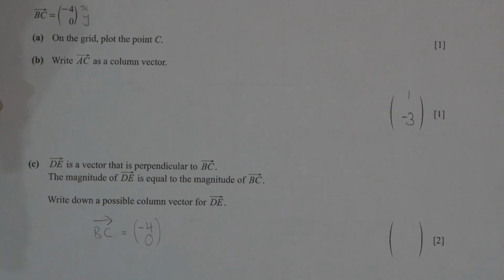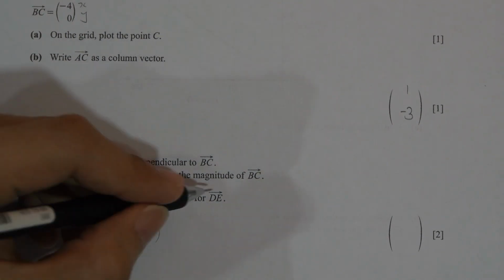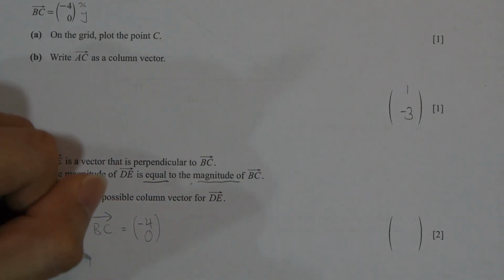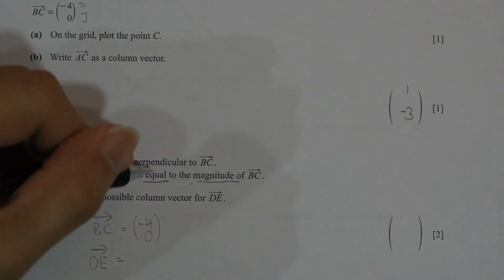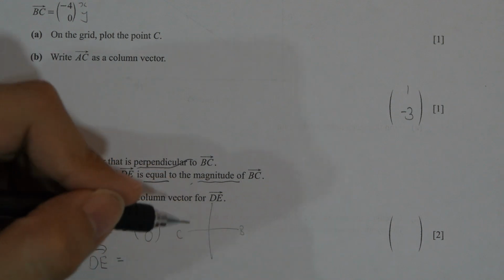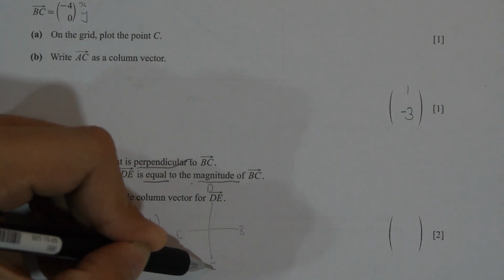So for D and E, it will be 0, -4 or 0, 4, because the DE may not be as what I illustrated, it can be the other way around.